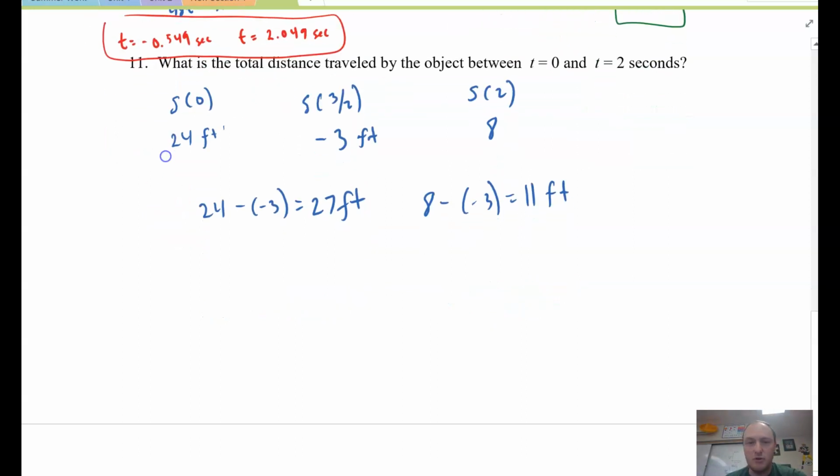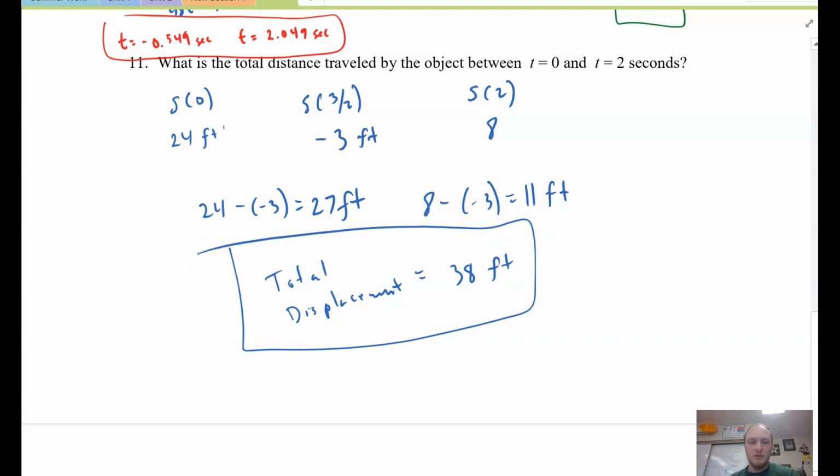Okay, and to find the total, all you're going to do is add these up. Okay, so the total is equal to 38 feet. Okay, there you go.